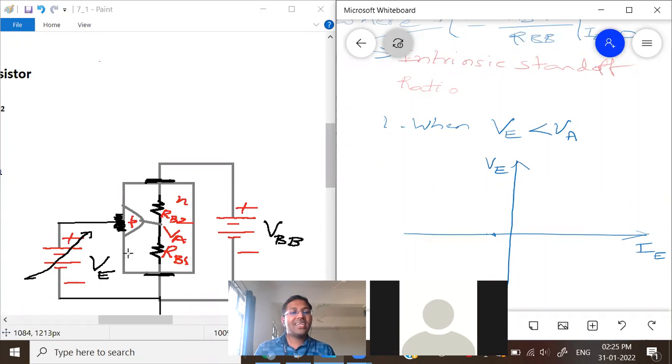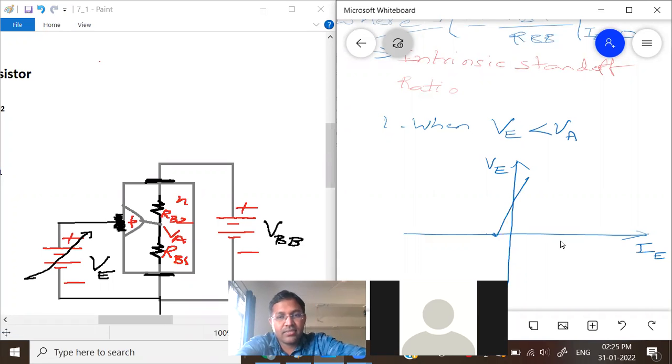When we gradually increase VE, at one point it will change from reverse bias to forward bias. So the current will change from negative to positive. Initially when VE is 0, the current is negative, and it will change from negative to positive.